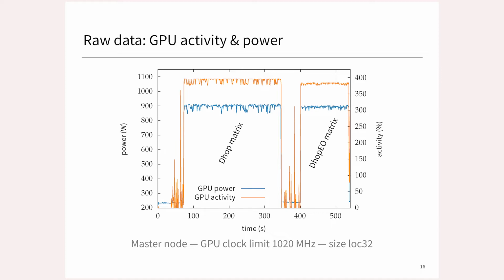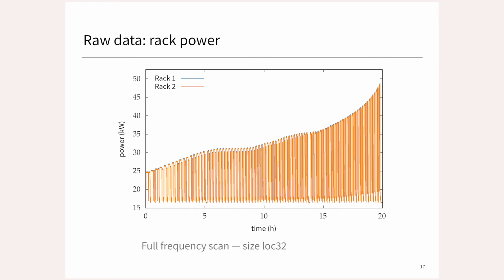Let me not go through the technical detail of what the benchmark actually does; you can ask me the question after. Essentially it benchmarks two operators, one called dhop and one called dhop even odd, which is the preconditioned version of the same sparse matrix, and it benchmarks them in turn.